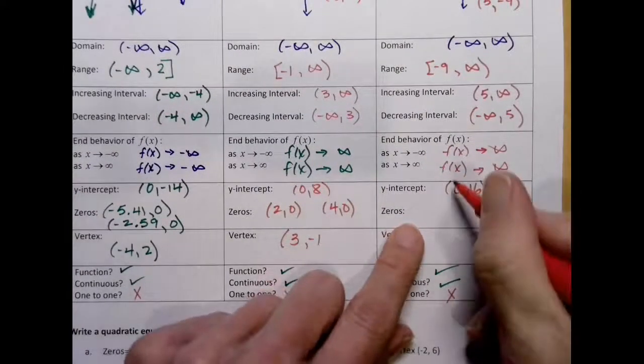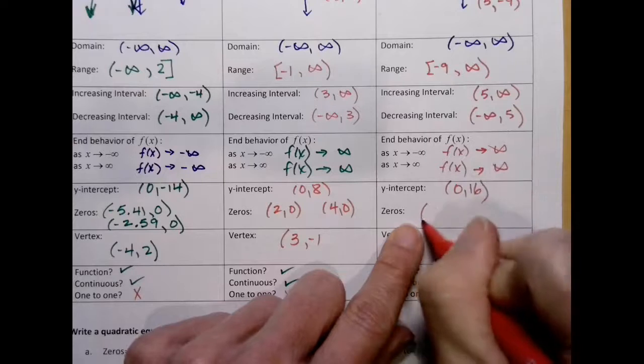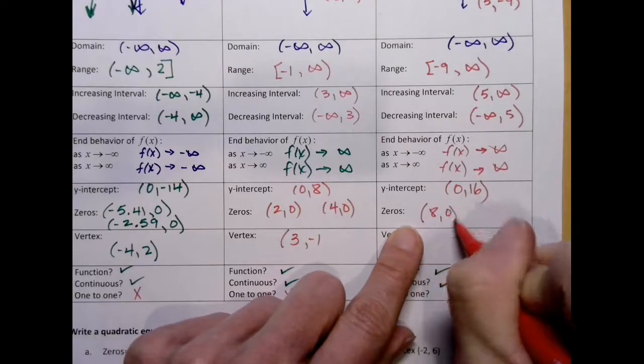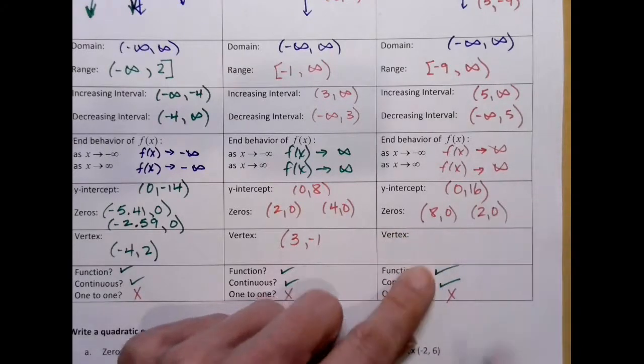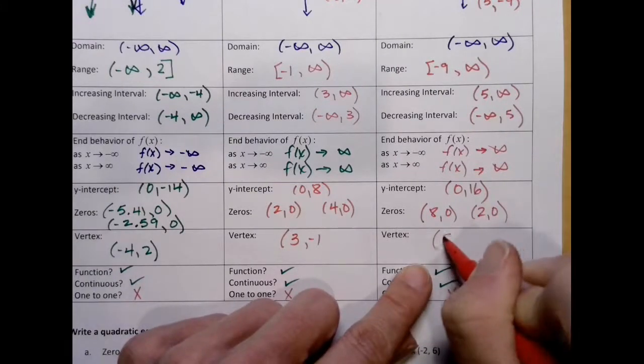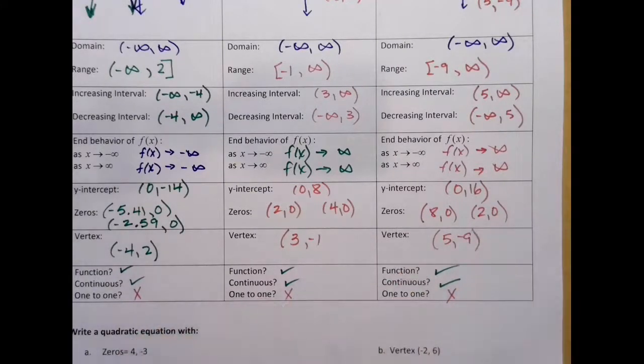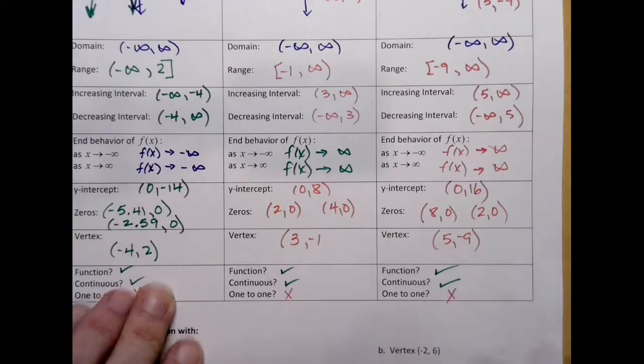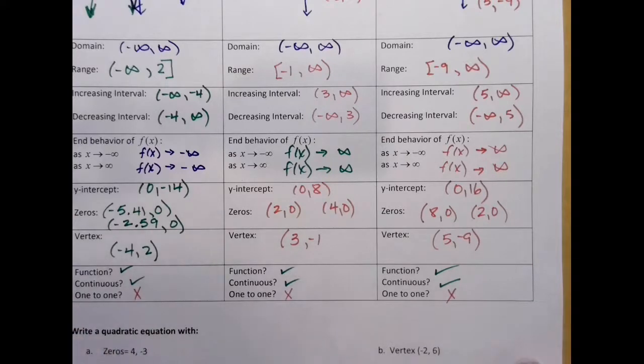Here's the best part. The zeros are given to us here. 8 goes in, 0 comes out. 2 goes in, 0 comes out. My vertex was 5, negative 9. So think about how much information we were able to get without Desmos just from those equations.